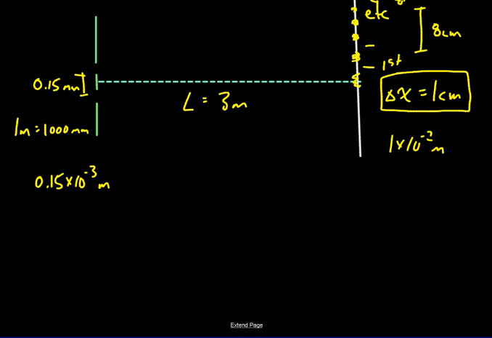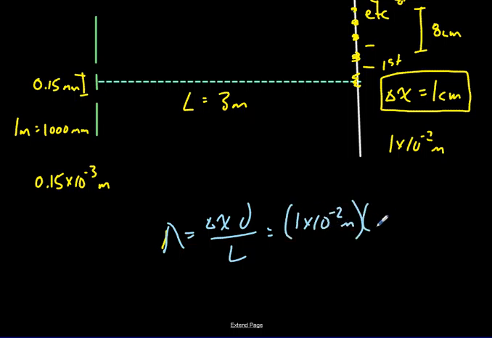Okay, so no rearrangement of our Young's double slit equation is necessary here. We said lambda is delta x d over L. In this case, our delta x, well, that's 1 centimeter, or 1 times 10 to the negative 2 meters. d is our slit width. That's 0.15 times 10 to the negative 3 meters.